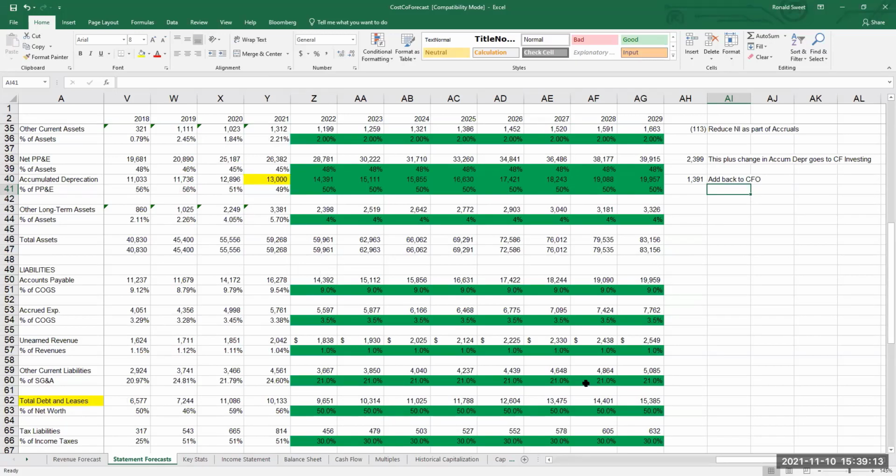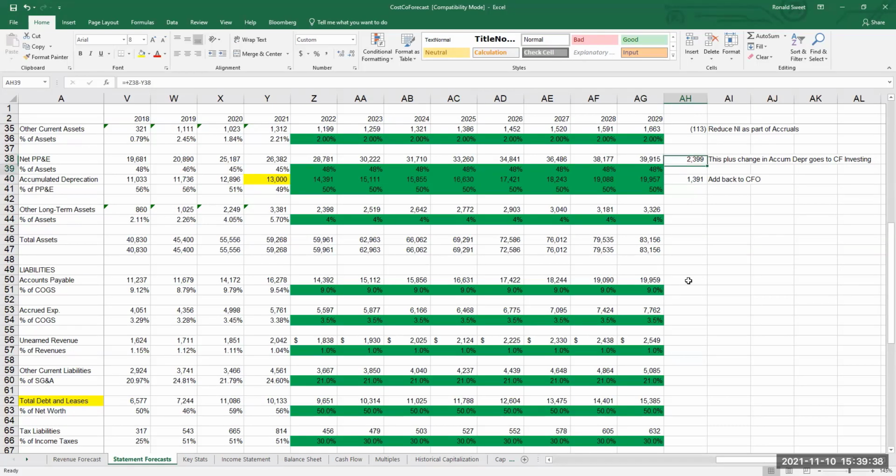So let me see what the chat is here. Nothing important. Okay. Any questions on that? So the 2399 plus 1391 is going to go into investing cash flows, and the 1391 is going to go into CFO.